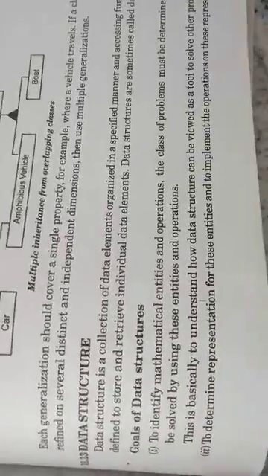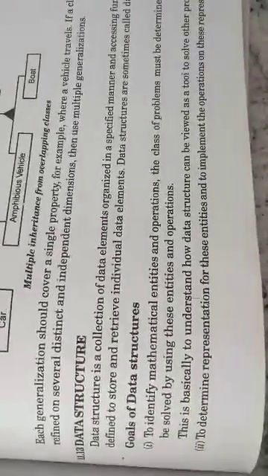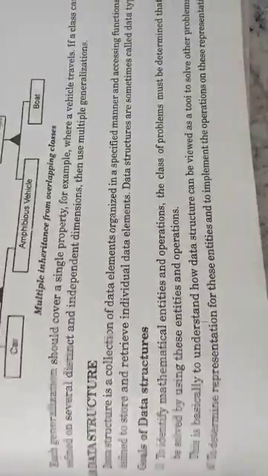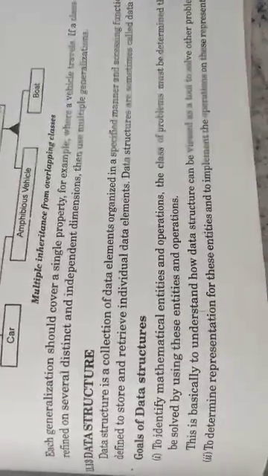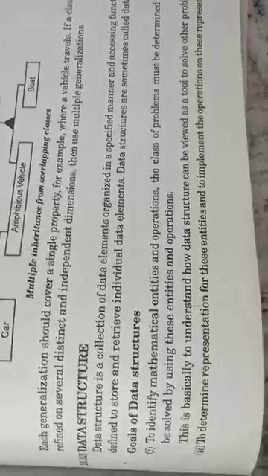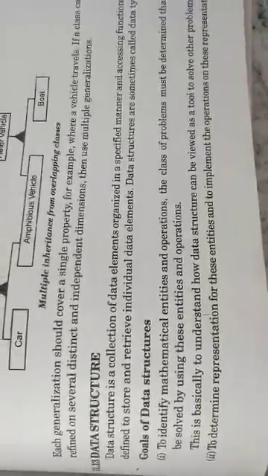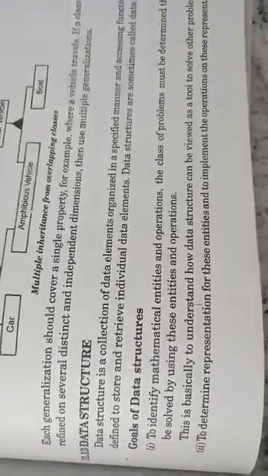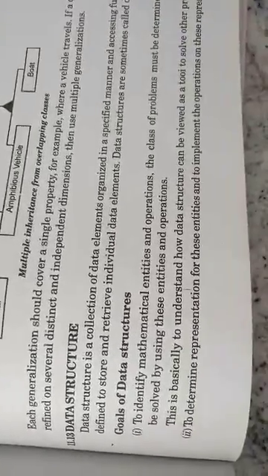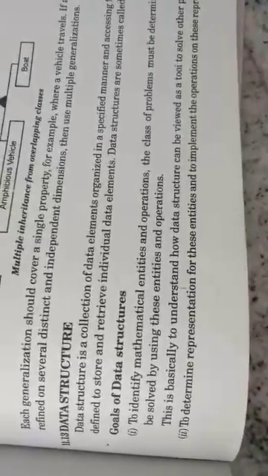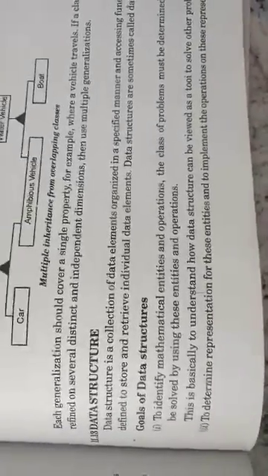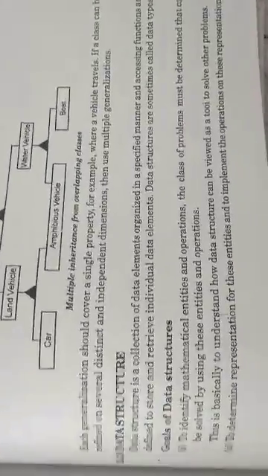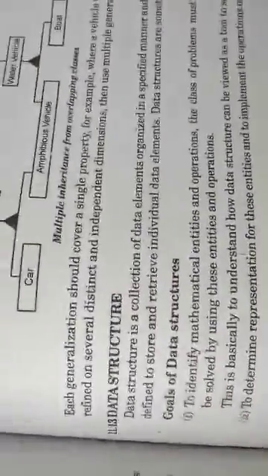This is basically to understand how a data structure can be viewed as a tool to solve problems. The goals of a data structure are entities and operations, the class of problems that can be solved by using these entities and operations, and to determine the representation of these entities and implement the operations on these representations.